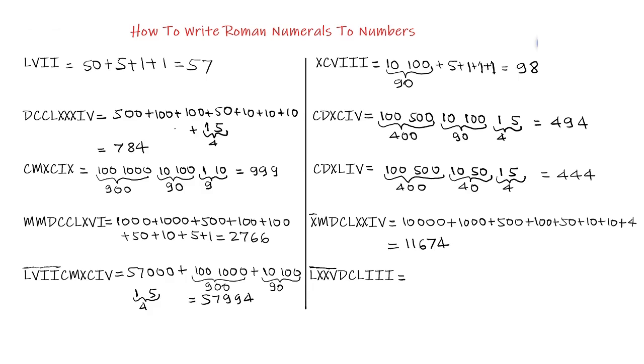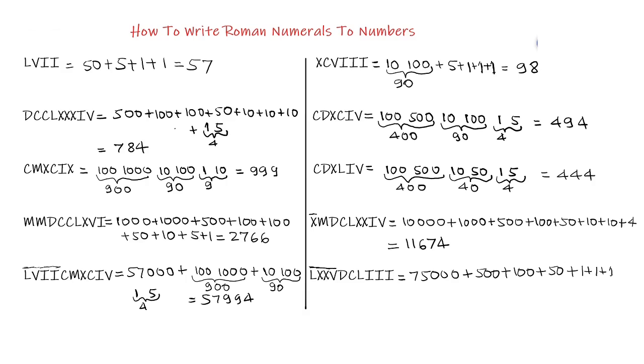Our next Roman numeral is LXXV, and there is a bar over LXXV. Then DCLIII. So we put the values of all the symbols. LXXV is 50 plus 10 is 60 plus 10 is 70 and V is 5. So this is 75 and there is a bar over it, so it is 75,000. Plus D is 500 plus C is 100 plus L is 50 plus I is 1 plus I is 1 plus I is 1.